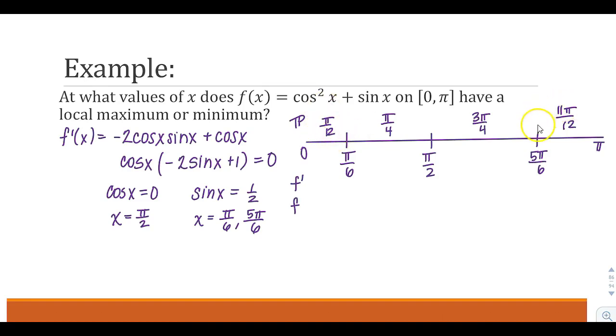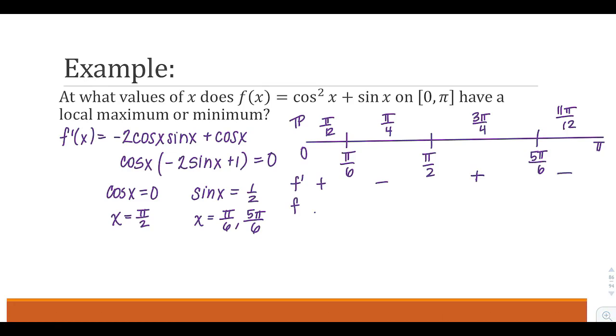So for pi over 12 and 11 pi over 12, we could use some identities and figure this out by hand, but I'm just going to tell you when you plug pi over 12 into the derivative function, you end up getting a positive value. When you plug in pi over 4, you get negative, 3 pi over 4 positive, 11 pi over 12 negative.